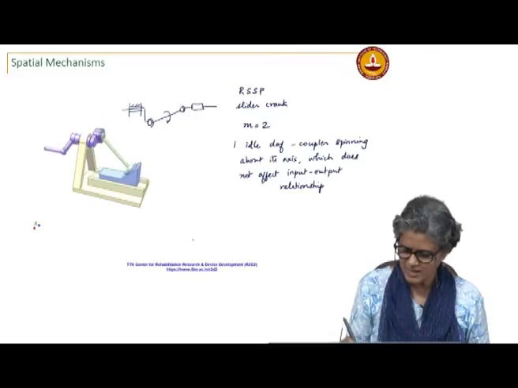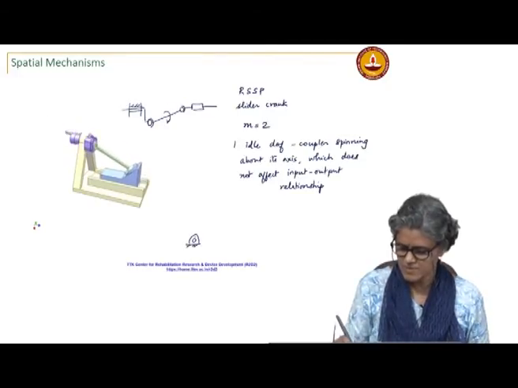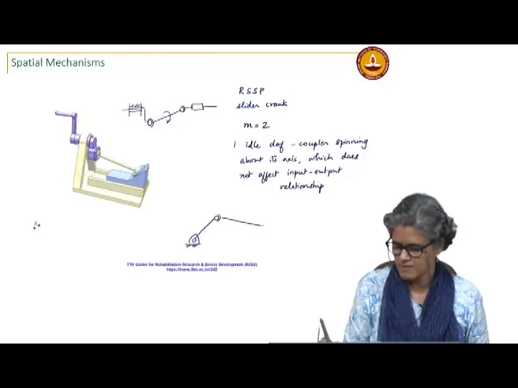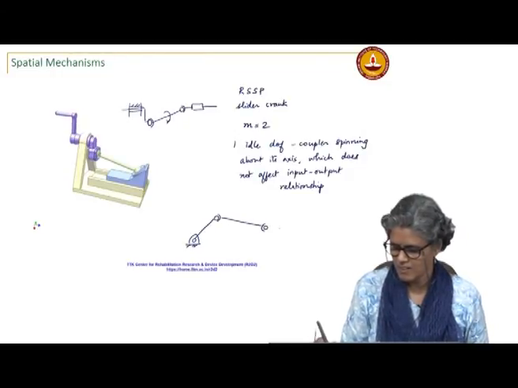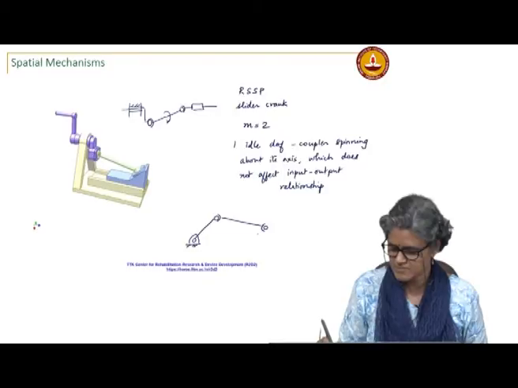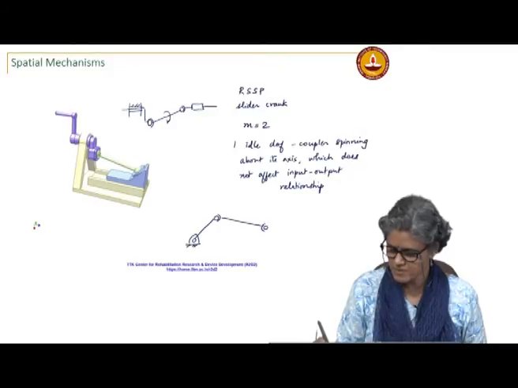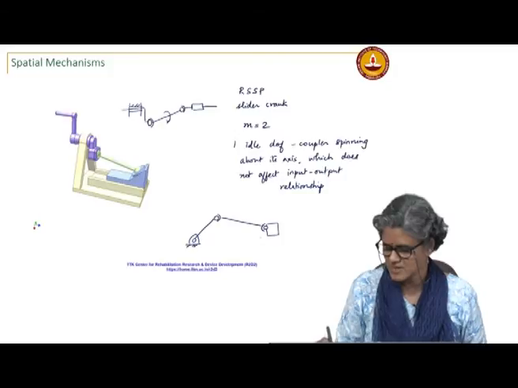I can put a ball here. So this won't face the same issue, right? The offset 0 problem. A ball attached to this slider, which moves.